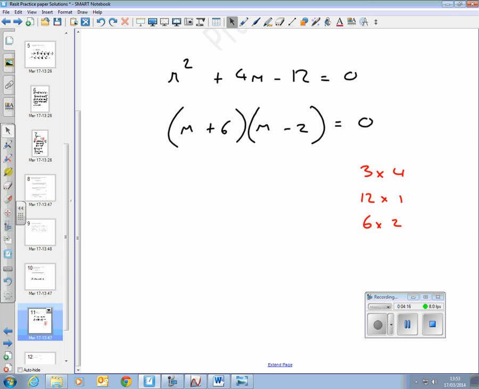Because the right-hand side is 0, either this bracket or this bracket is 0. So m plus 6 equals 0, or m minus 2 equals 0. This means that m equals minus 6, and this means that m equals 2. So those are our two solutions.